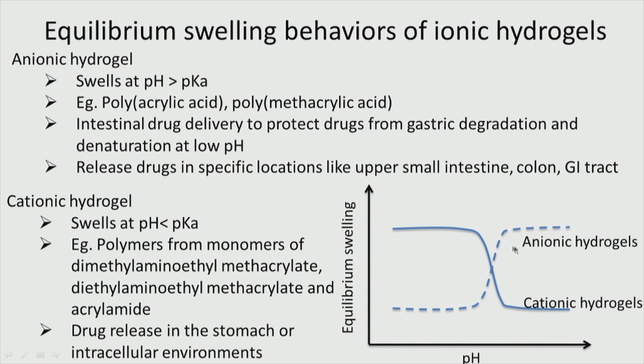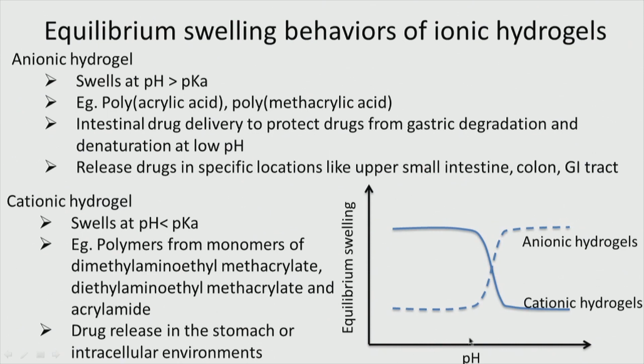The cationic hydrogel, pH less than pKa here. Polymers from monomers of dimethyl aminoethyl methacrylate, diethyl aminoethyl methacrylate and acrylamide. So, drug release in the stomach or intracellular environments. Okay.